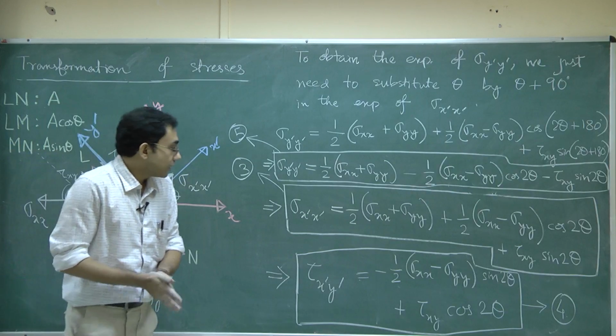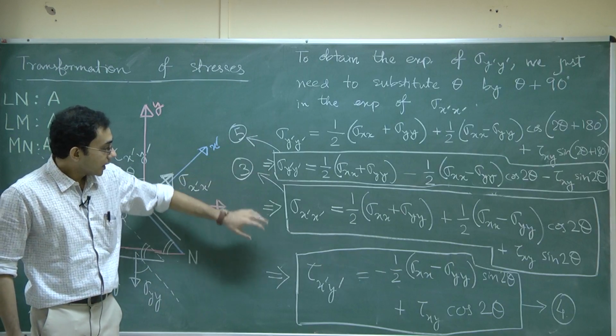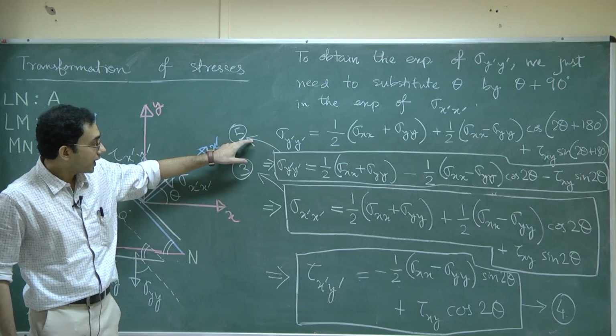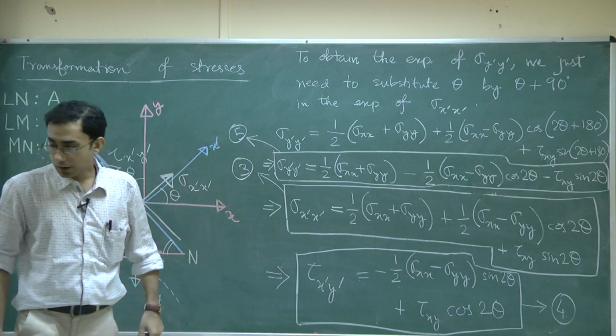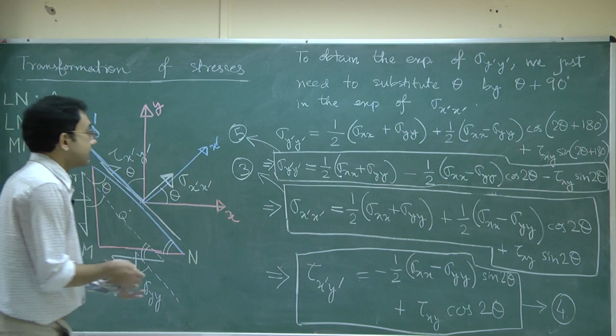So Professor Manas Laha has pointed out that if we just add the equation number 3 to the equation number 5, what we will obtain, so it is very easy to see, we can do it in 10 seconds.